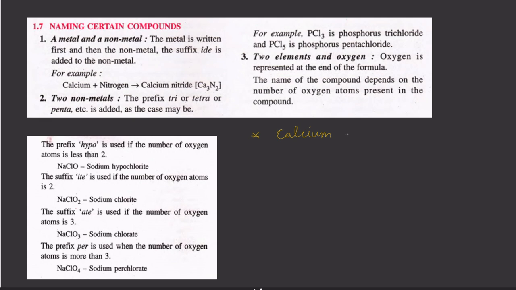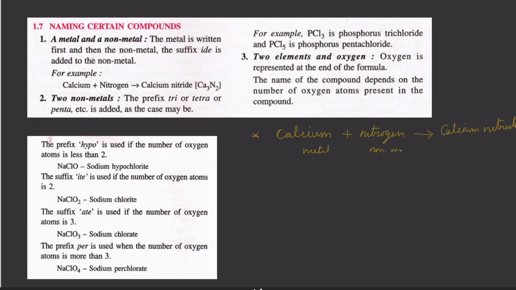The product that we get here is called calcium nitride. How we got the name calcium nitride, that you have to understand.